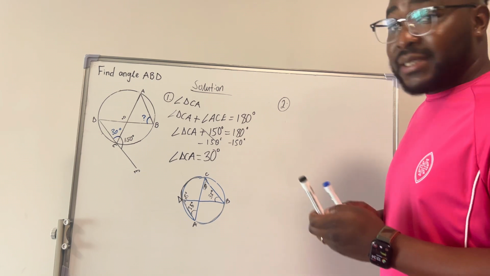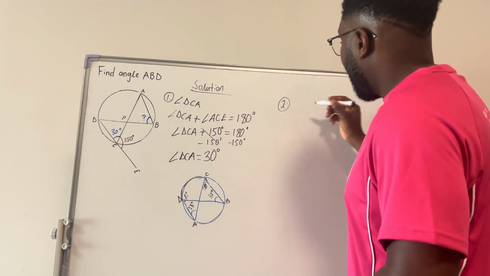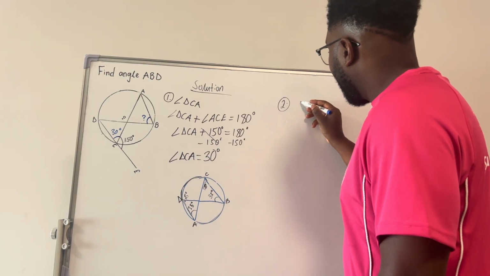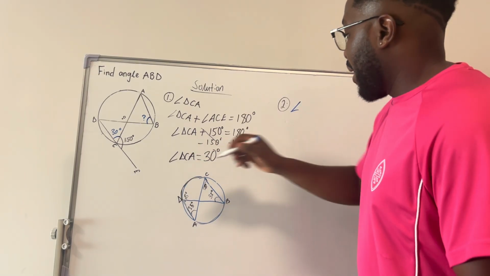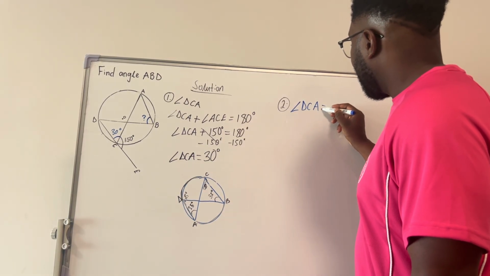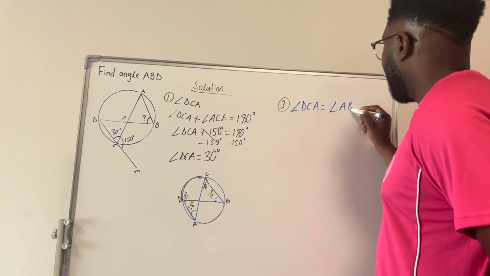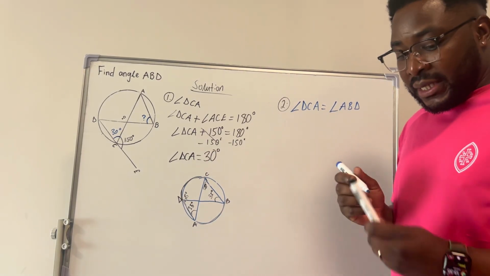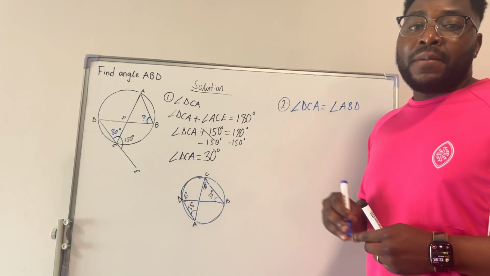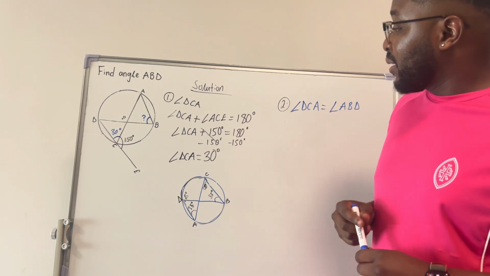That tells us that angle DCA is equal to angle ABD, using the circle theorem that angles subtended by the same arc are equal.